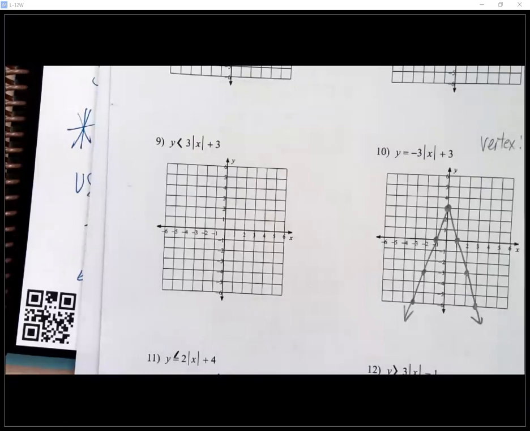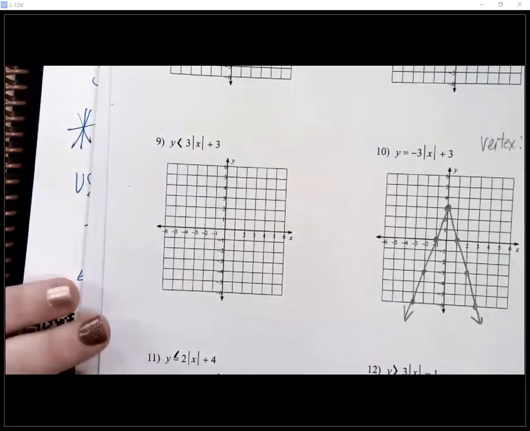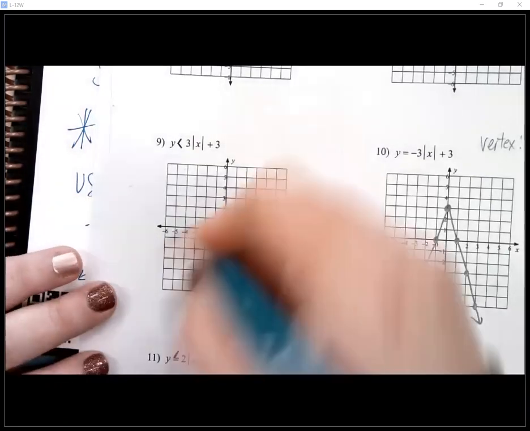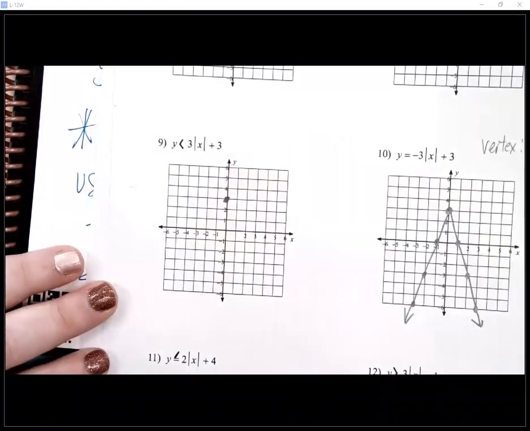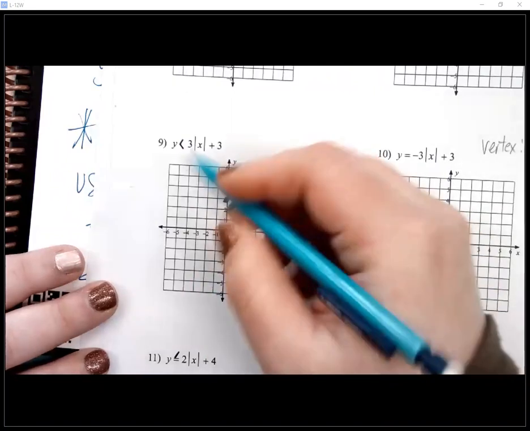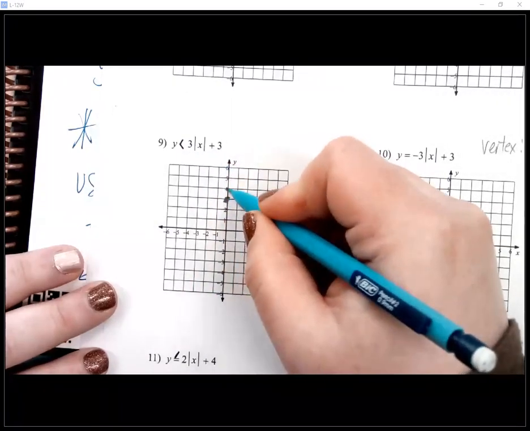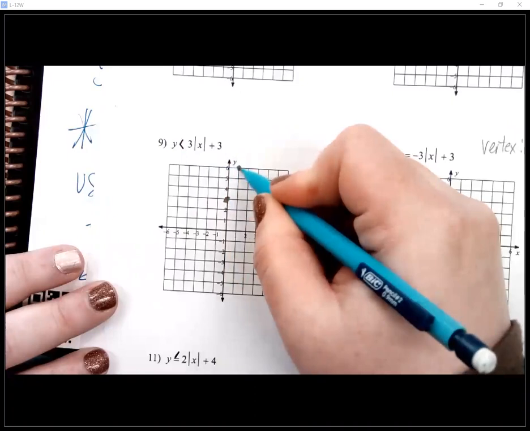All right, this vertex is at, Adam, you got it, 0, 3. And ooh, this slope is 3, right? So I'm going to go from this point, I'm going up 3 over 1. Do the reverse on the other side.